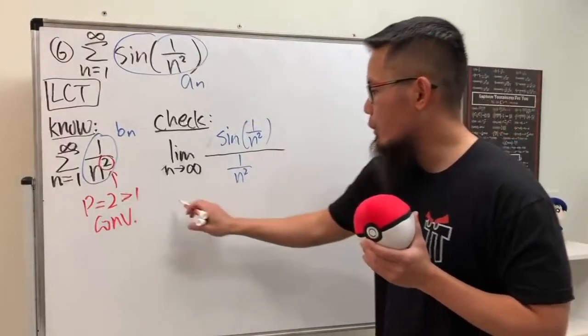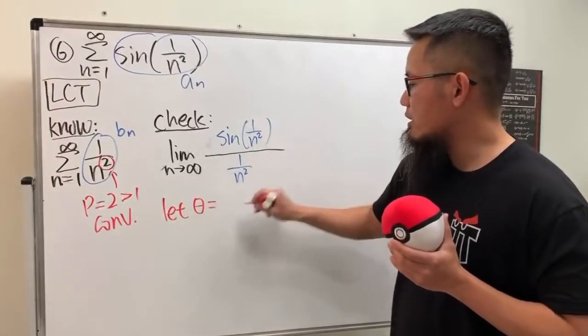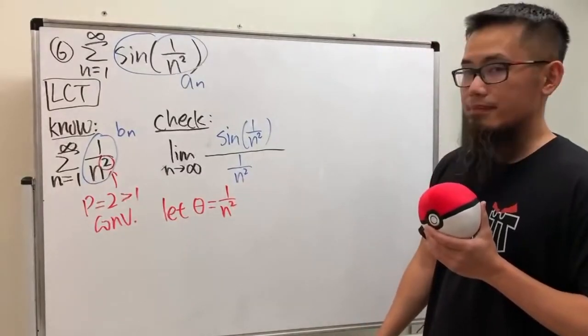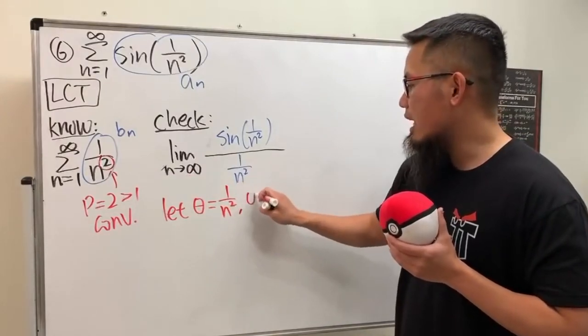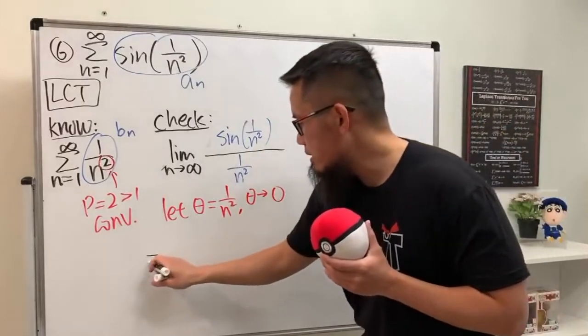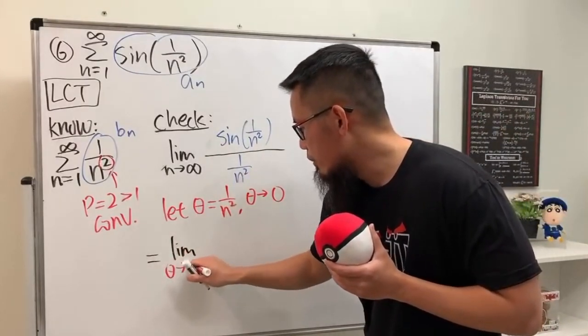To do so, what we can do is let theta be 1 over n squared. Check this out. As n goes to infinity, you put it here, then you can see that theta will go to 0. So if you take this limit to the theta world, this is the limit as theta goes to 0.